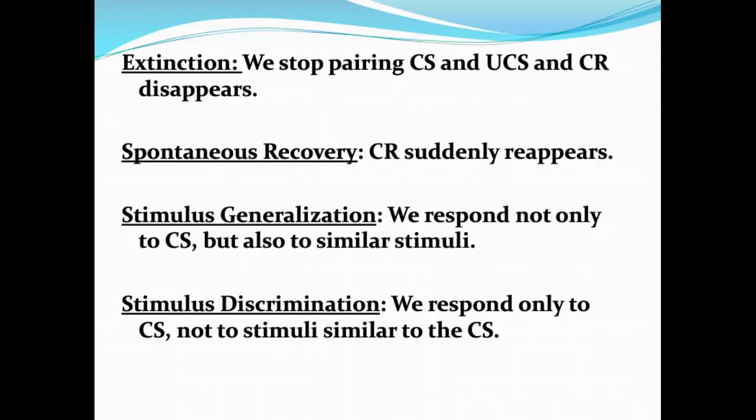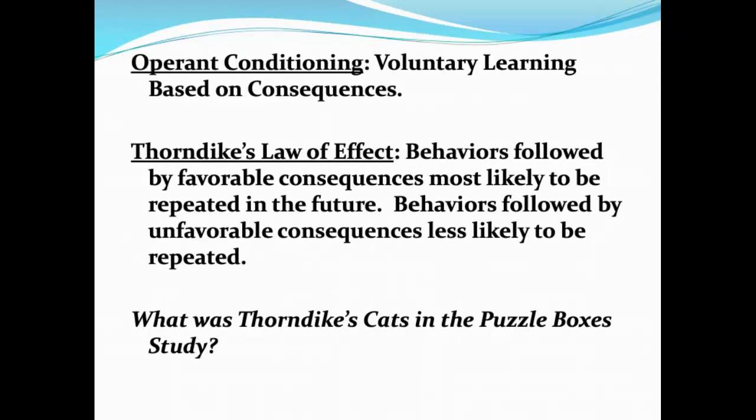Now we're going to move on to operant conditioning, okay? Operant conditioning is based on what we call voluntary learning, or learning through consequences. And it's based in Thorndike's law of effect. Basically, what Thorndike's law of effect says is that behavior that is met with favorable consequences is more likely to be repeated.